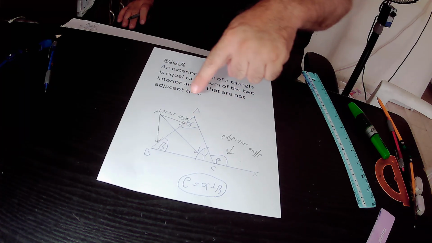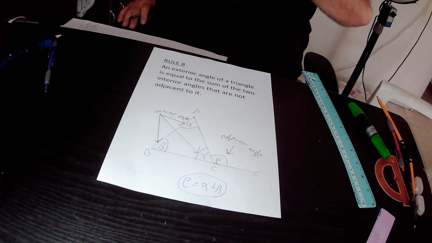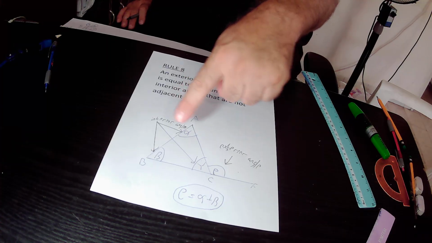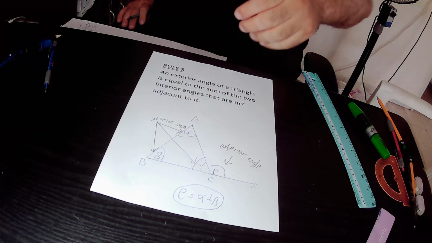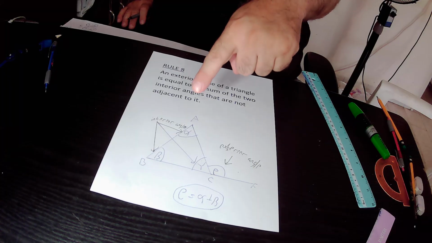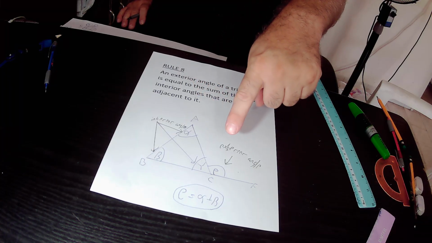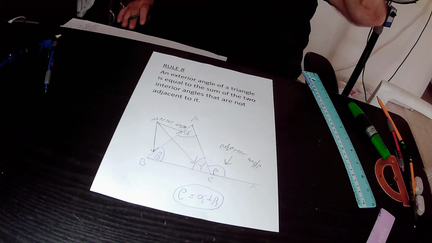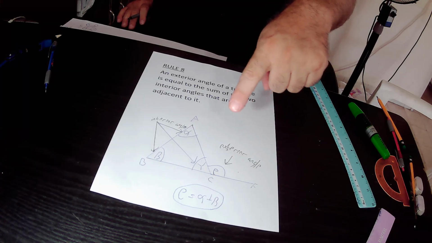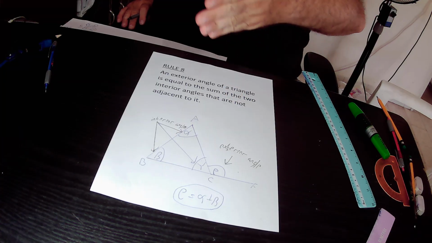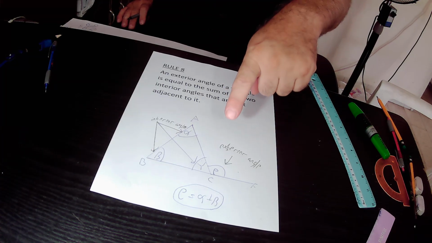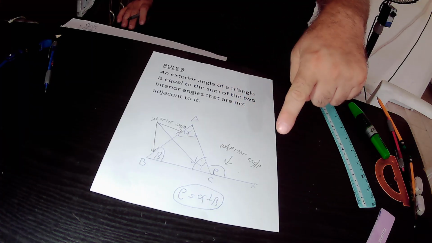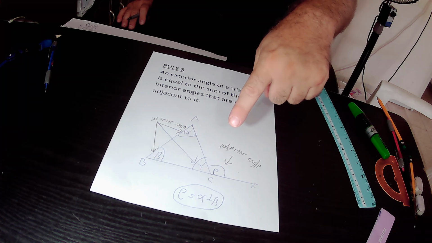So in the drawing, we have triangle ABC that could be any triangle. Those three angles alpha, beta, and gamma are defined as interior angles of triangle ABC because they are located inside triangle ABC. While this is angle E that is defined as an exterior angle because angle E is outside triangle ABC. And according to this rule 8, the size of angle E, actually angle ACF, is equal to E degrees in its size.